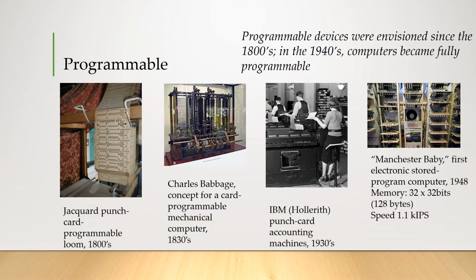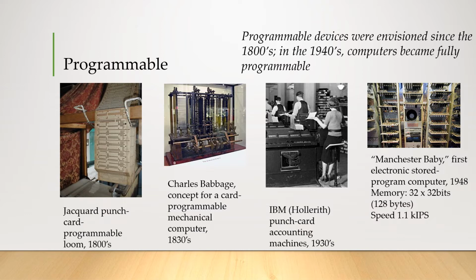You dialed in the numbers that you wanted them to calculate with, and they did just that one calculation for you. Kind of like a very simple pocket calculator today, where you can type in 123 plus 456, and you can get a result, but it's not a program. You're telling it exactly what to do every time you want it to do something.